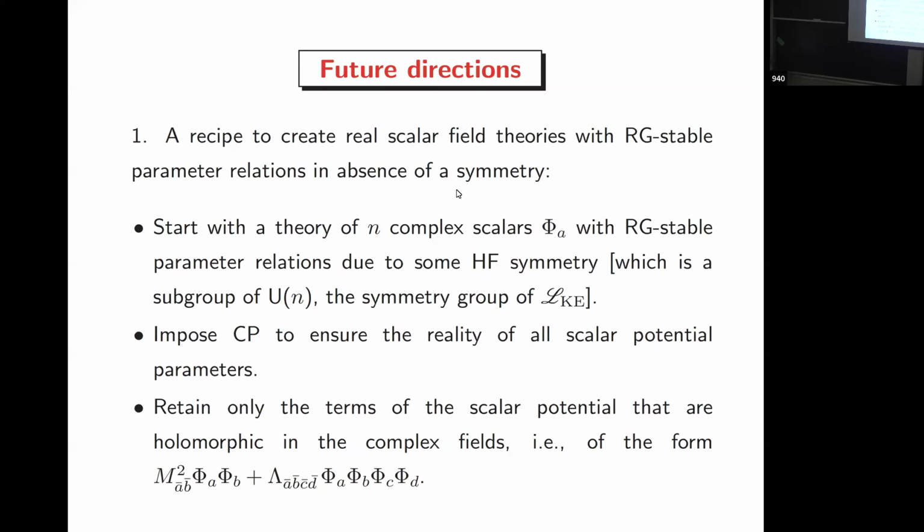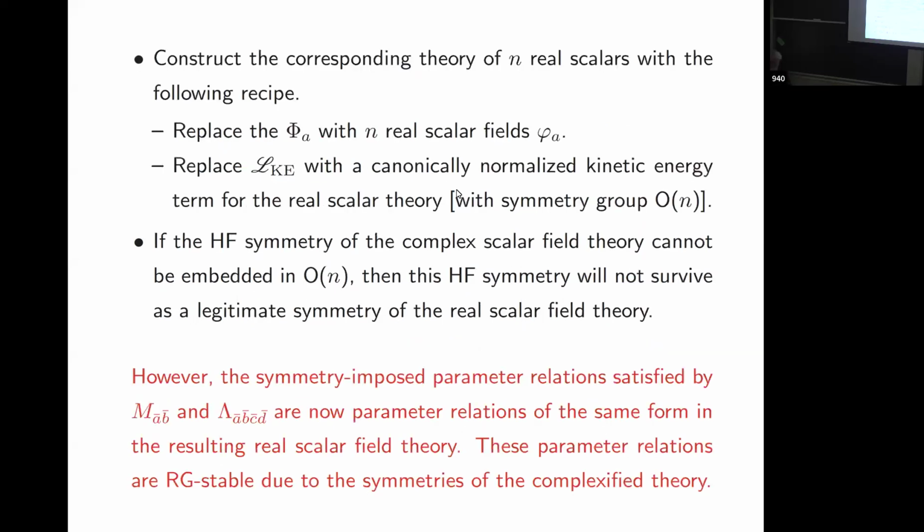Let me impose CP to ensure reality of all scalar potential parameters. Take that theory and now retain only terms of the scalar potential that are holomorphic in the complex fields. And that just means phi_A and not phi_A bar. I'm taking the original theory and just picking out a subset of terms. Here they are. So now I'm sort of reverse engineering the process I just showed you in this talk.